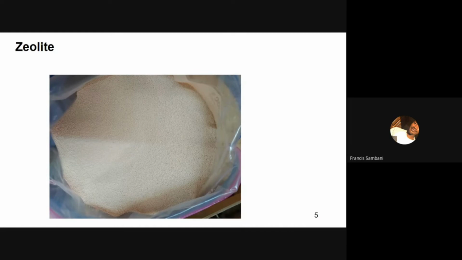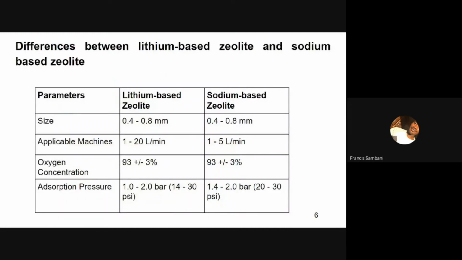And there are two main types of zeolite molecular sieve used in oxygen concentrators. So this is the sodium type and the lithium type molecular sieve. And these two molecular sieves have some similarities and differences between them. So we'll look at the differences found in the lithium-based zeolite and sodium-based zeolite, and also the similarities as well.